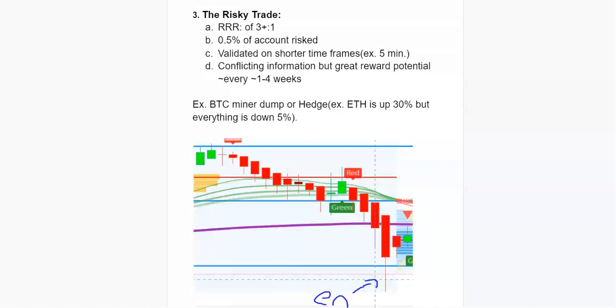So you can use these on big opportunities like an extreme dump, you go long at the bottom, or even as a hedge, right? So let's say things are looking very bearish. For example, this past week on the daily chart, Bitcoin formed a lower low and a lower high. So it went from 64K to 59K.